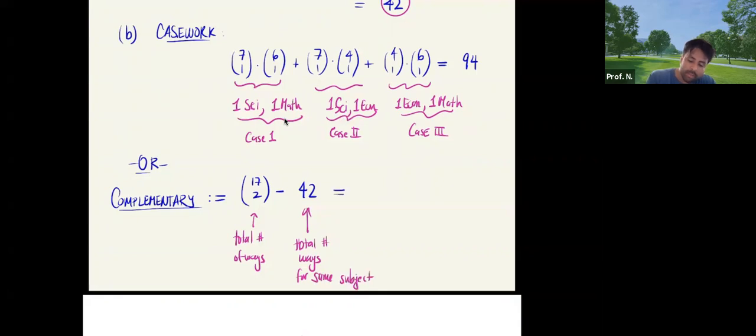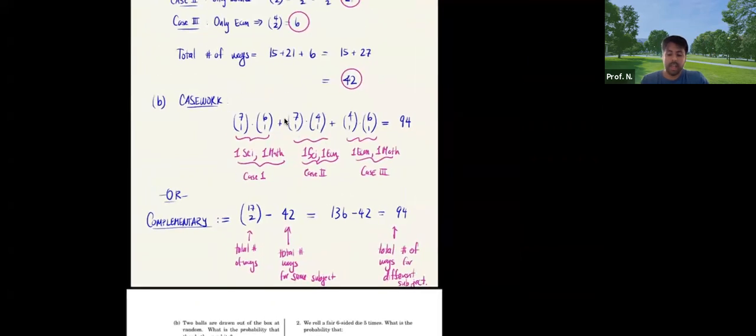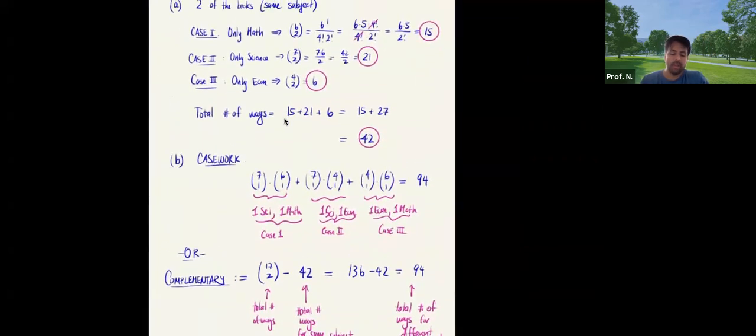Which means that if I subtract 136 minus 42, I get 94. And this is the total number of ways for different subjects. If you see the complementary version of this, this is a very good sign, which means that you're thinking from a complementary perspective, which is actually very useful, as you can tell.